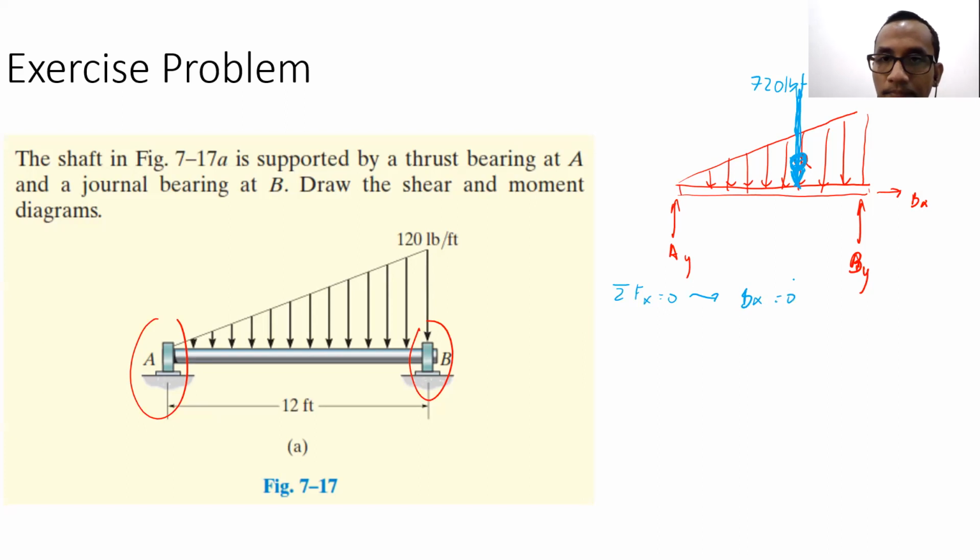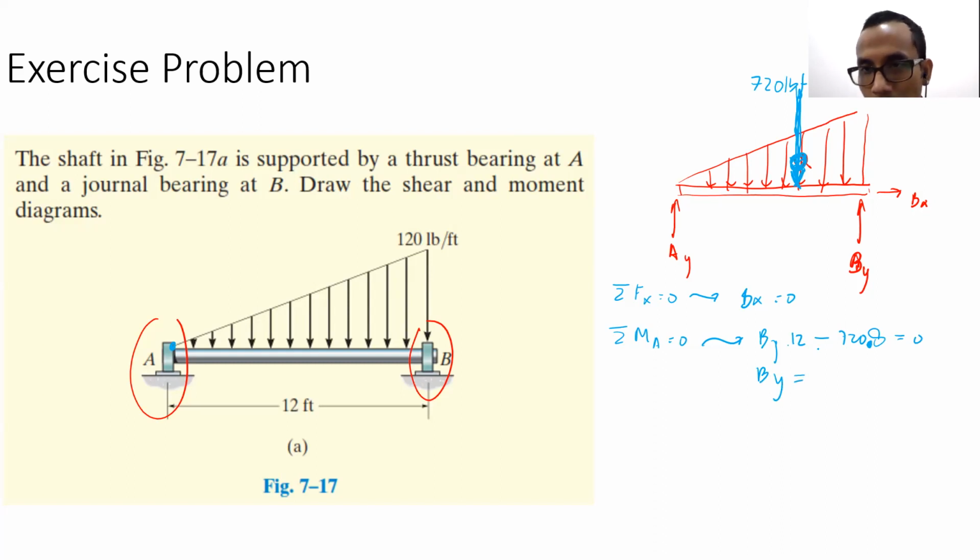Then sigma moment at A equal to 0: BY times 12 minus 720 times 8 feet, since the force acts 2/3 from the zero end, or 1/3 from the maximum distributed force, equal to 0. So what do you get for BY? 480 lbf.